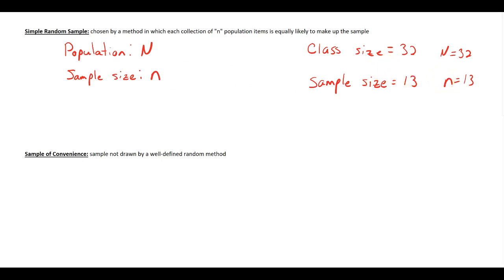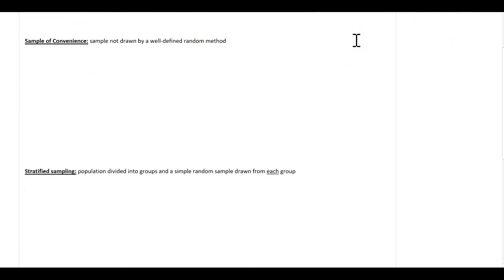Now, the second type of sampling method is a sample of convenience. The sample of convenience is a sample not drawn by well-defined random methods, meaning we're not looking at everybody equally. We are looking more at who's near us. What's the easiest way?